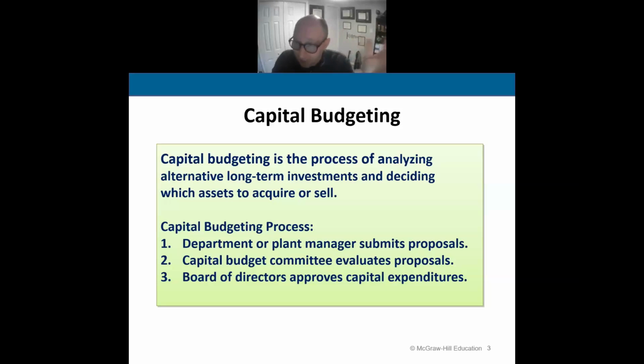So the second thing I did is I convened my committee and I said, "Okay, let's sit down and look at these different options. Options to buy or to repair." And then we make a decision on which proposals we want to send forward to the board of directors for approval. Not always easy, right?